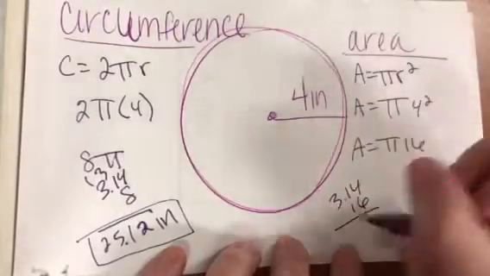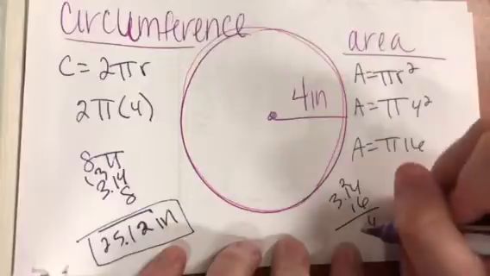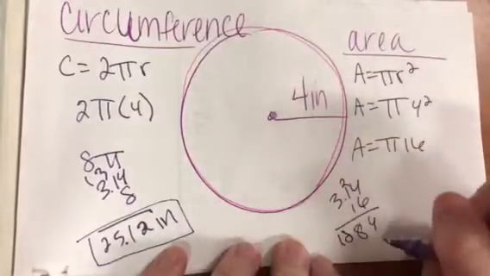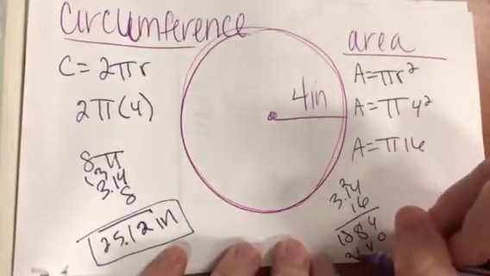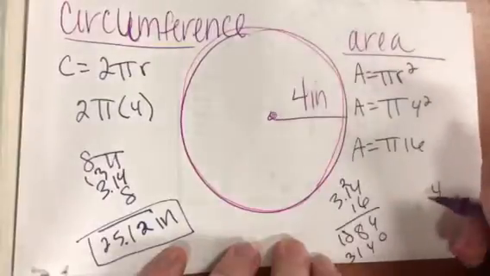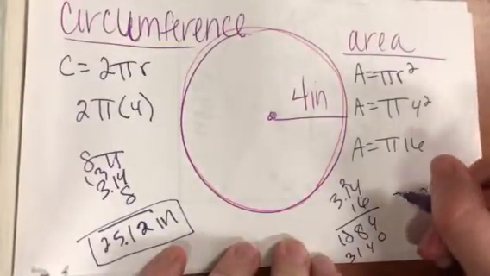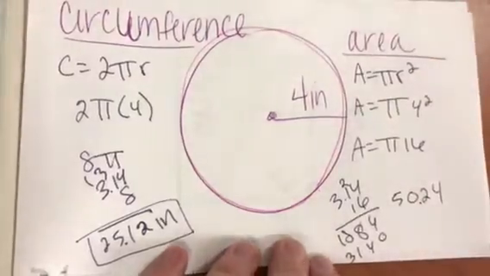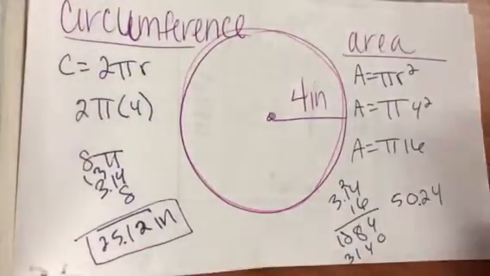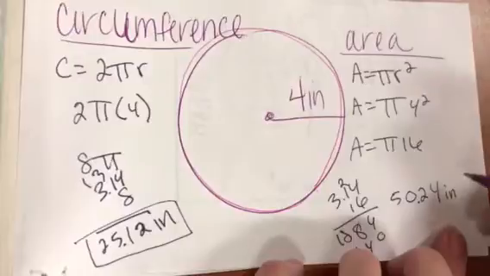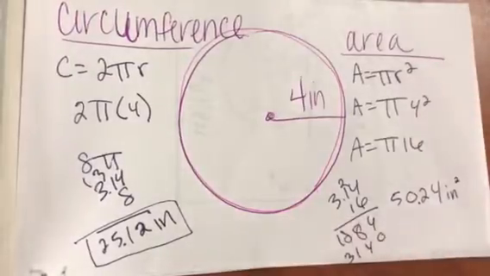I'll work it out for you guys. 50.24 inches. And area is always written with a little square right there. This doesn't seem too bad. All we're doing is plugging it in and solving. Wait till you get to the next one.